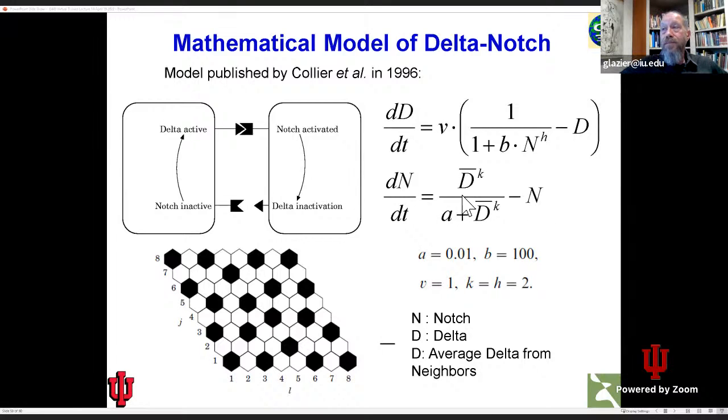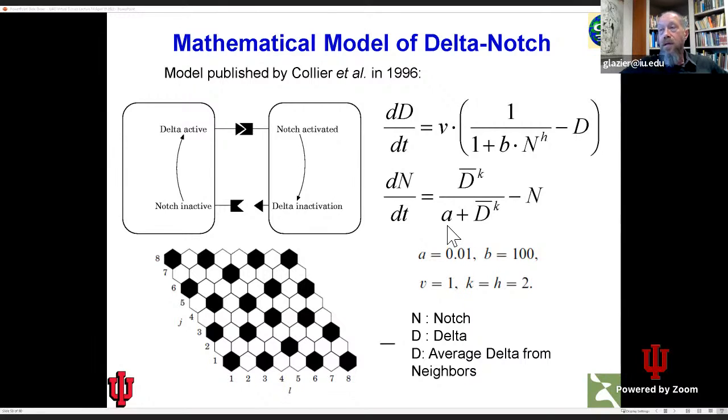Notch is activated by delta. So the more delta I have, the more notch I get. In both cases, I have first order decay: delta decays, notch decays, and I've set the time constant to 1 for that. And there are some additional parameters.